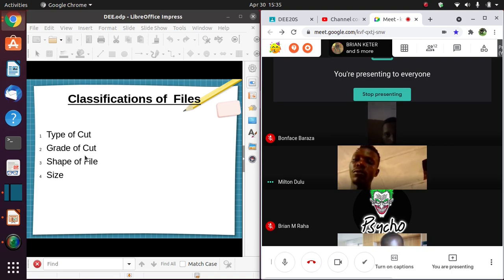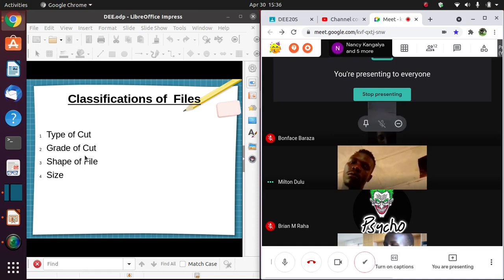Now for the rough files tunatumianga kutoa big chunks, vibonde vikubwa katika chuma. If I want to do kazi haraka kutoa big chunks, I'll use a rough file, but for the smooth ones ni finishing touches.